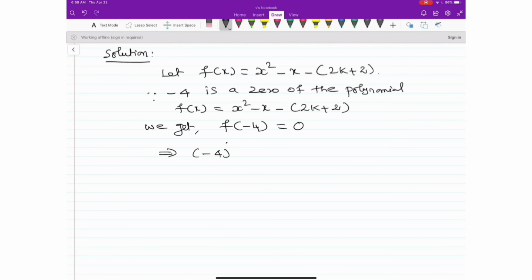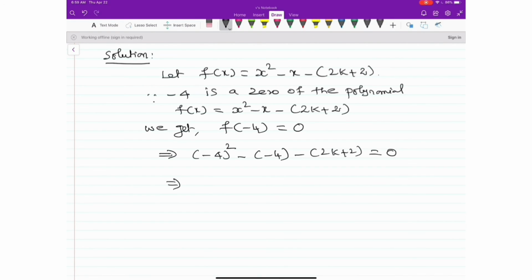minus 4 the whole square minus of minus 4 minus 2k plus 2 equal to 0. When you simplify this, you will be getting, this implies 16 plus 4 minus 2k minus 2 equal to 0. That means 20 minus 2, that is 18. 18 minus 2k equal to 0.